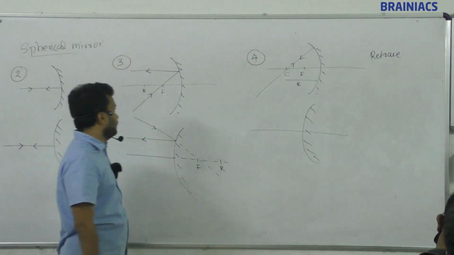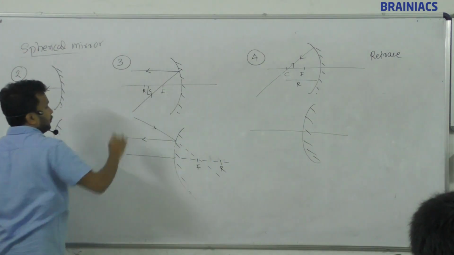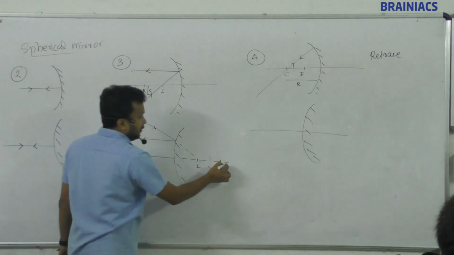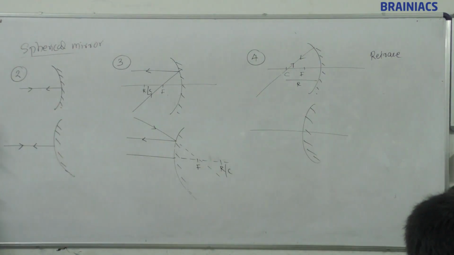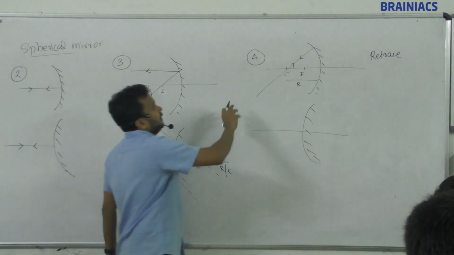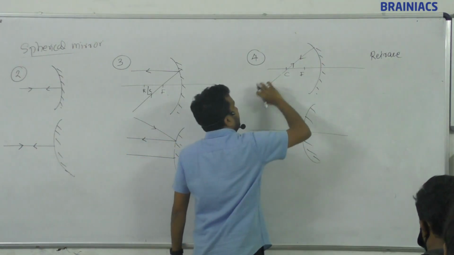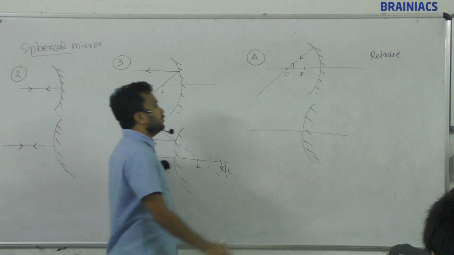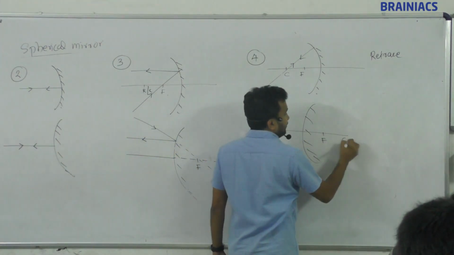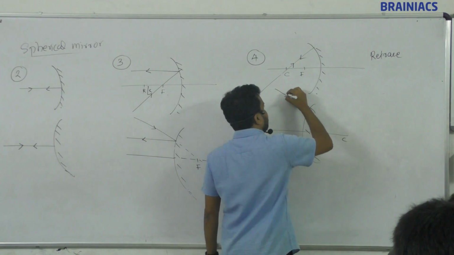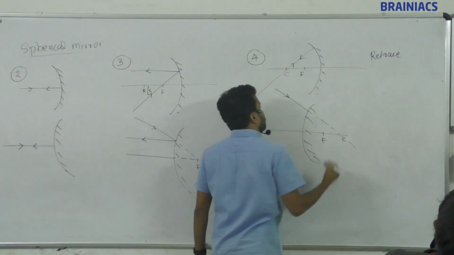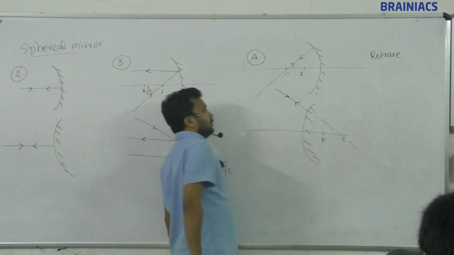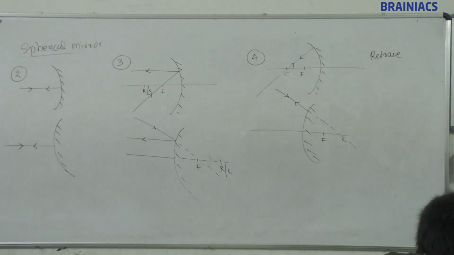You can mark R or C, both are correct. Here the ray passes through the center of curvature, then after reflection the same path is retraced. In case of a convex mirror, if a ray is coming like this and you extend it, it goes through the center of curvature, and after reflection it will retrace back.